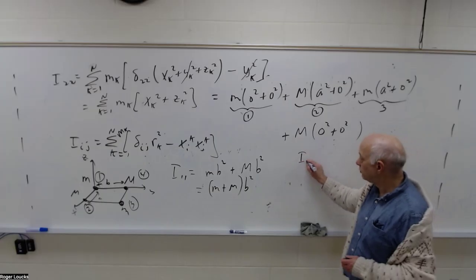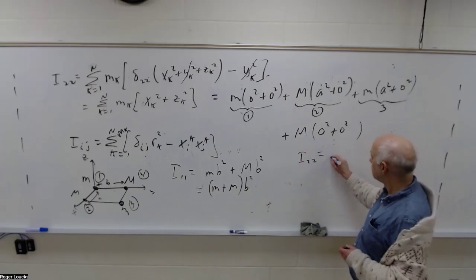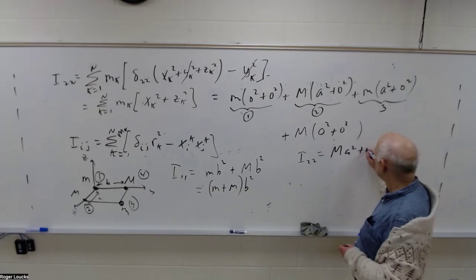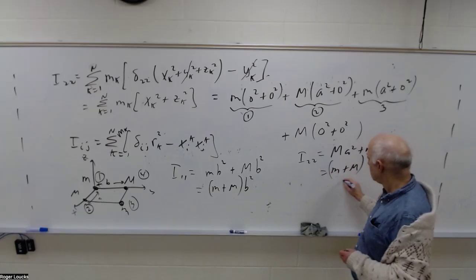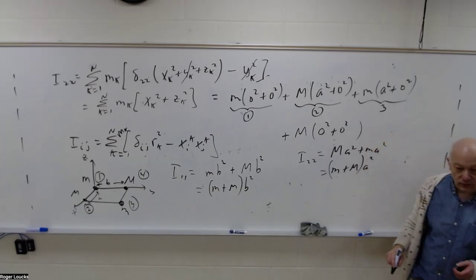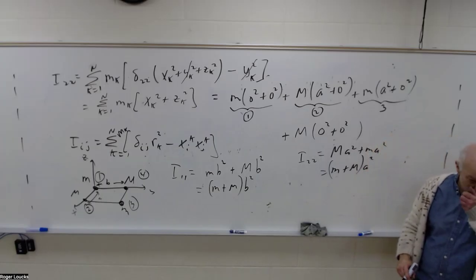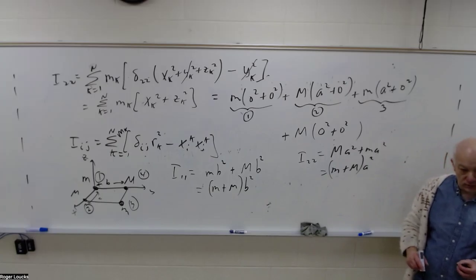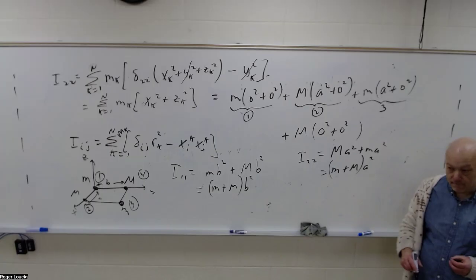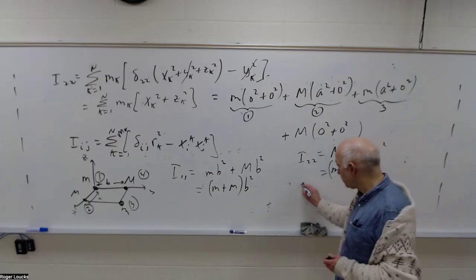So what do we end up with? We end up with this I22. It's just going to be nothing but M A squared plus little m A squared, or little m plus big M A squared. Why does that make perfect sense for 125? If I'm calculating I22 in 125, what is my rotation axis? Y. It's the y-axis.